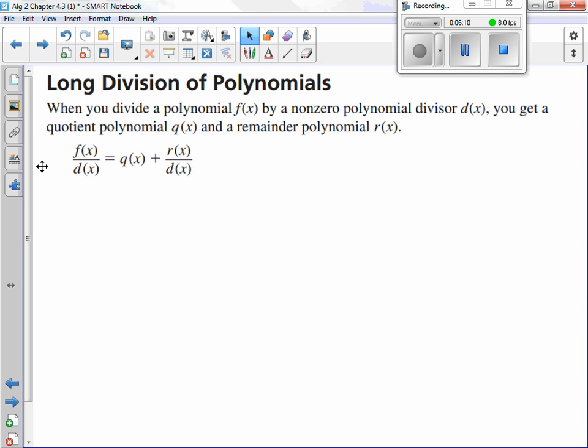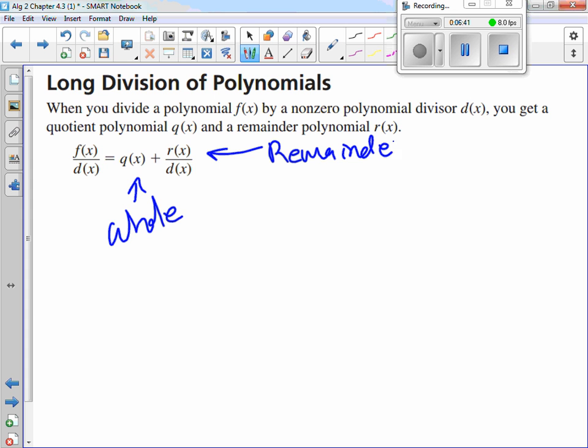Now, keeping that in mind, we're going to do the same thing when we divide polynomial functions with long division. Now, you don't have to write this down. The gist of what this is saying is when you divide a polynomial function by a non-zero polynomial divisor d of x, you will get the whole parts, the parts that divide out evenly, with a remainder r of x over what we divided it by, the divisor.